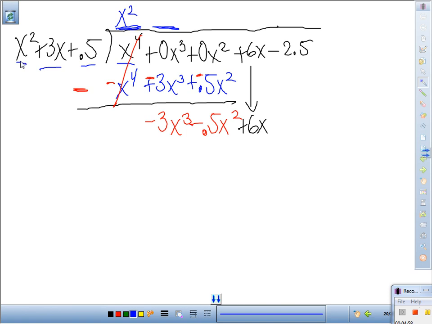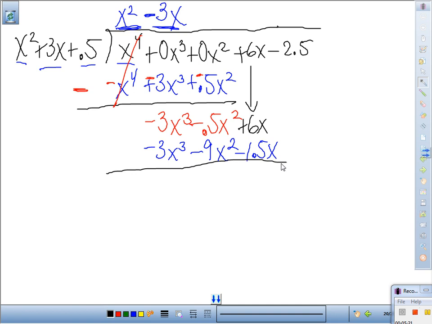What number times the first term gives me negative 3x cubed? Negative 3x. Negative 3x times x squared is negative 3x cubed. Negative 3x times 3x, that's negative 9x squared. Negative 3x times half, that's negative 1.5x. Now I draw my bar, my subtraction sign.